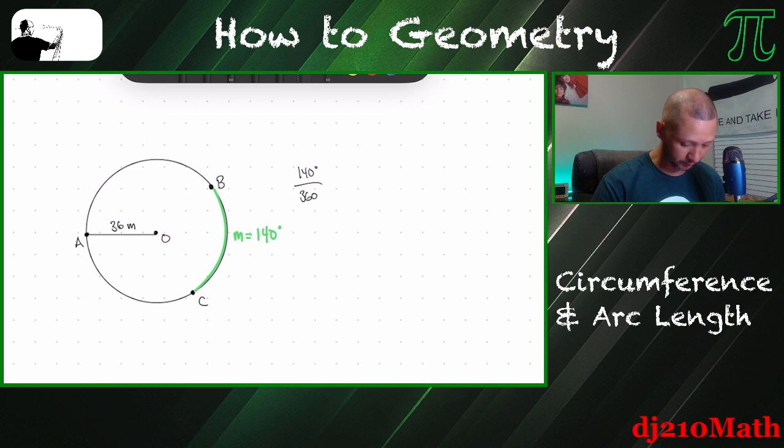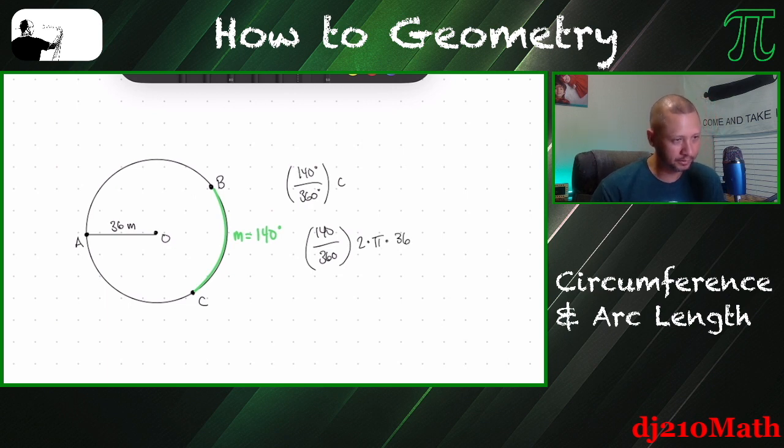So we take the measurement of the arc, 140 degrees, divided by 360 degrees, and this times the circumference. So in this case, it's going to be 140 over 360, times 2 times pi times 36, the radius.